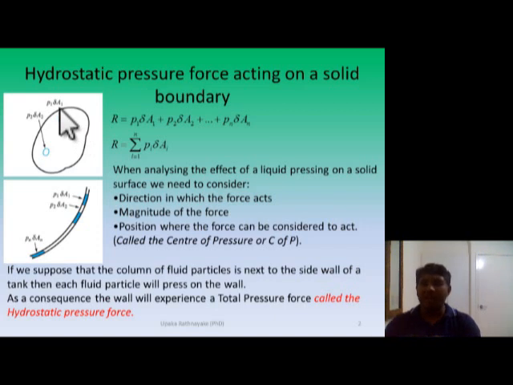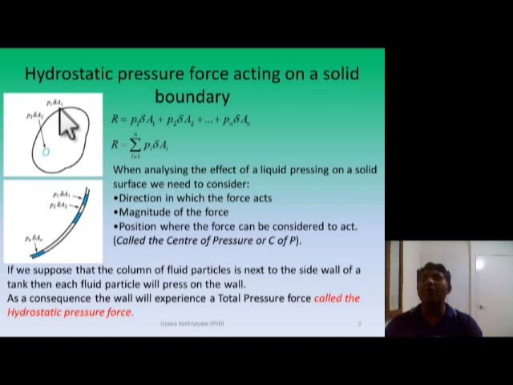See, P1 delta A1, P2 delta A2, and so on. Yep, we can do the same. But remember, force is a vector. It has a magnitude and a direction. Therefore, we need to add these small forces, not only numerically, but also considering the direction.